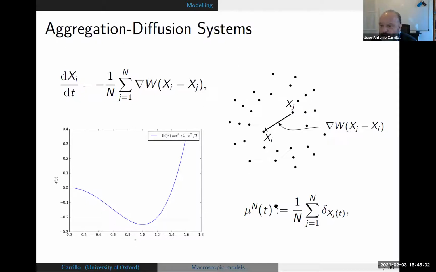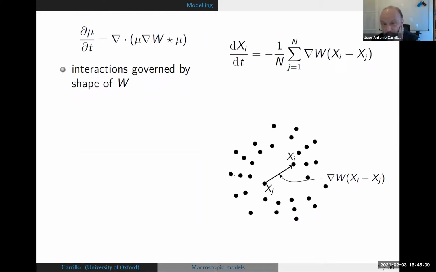But in general, the question is what happens when the number of particles is large? What is the PDE that you can get? In the easiest case, in which W is smooth enough, the PDE that you get is of this form. You get a continuity equation where the velocity field is a mean field, in the sense that it is minus the gradient of the potential convolved with the density. So you get a continuity equation with a nonlinear velocity field depending on the density itself.